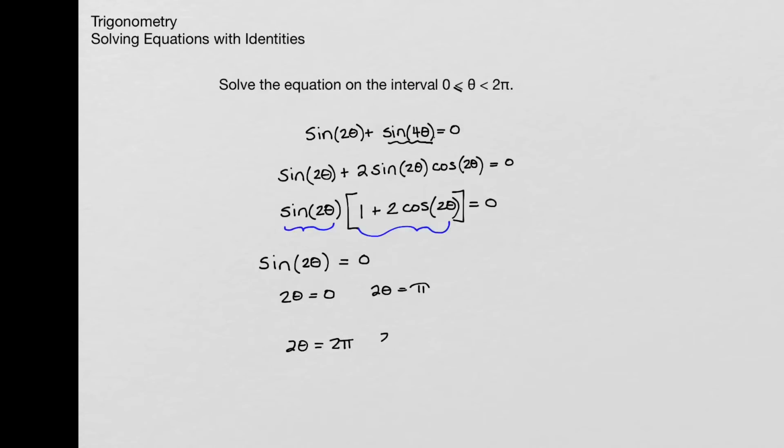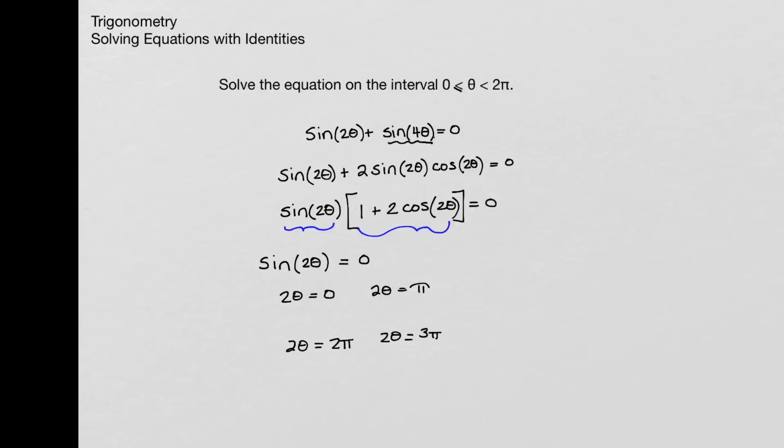And then the next one after that is 3 pi over 2? No, at 3 pi. Here we go. So 2 theta equals 3 pi.